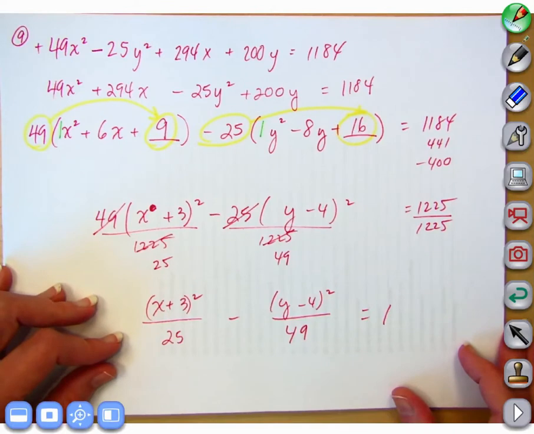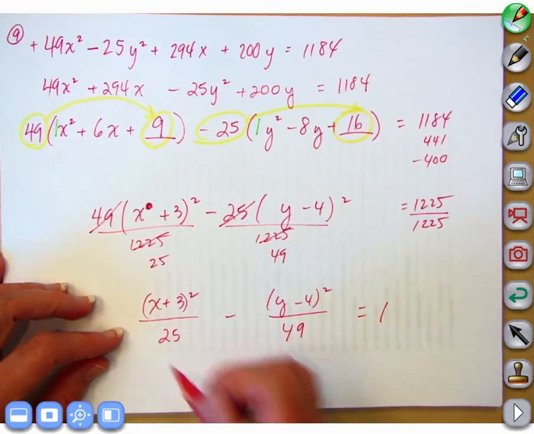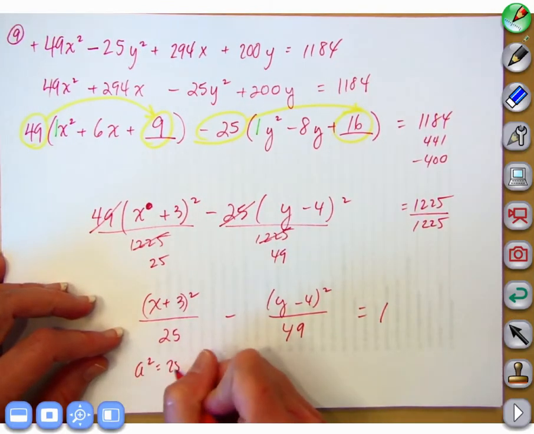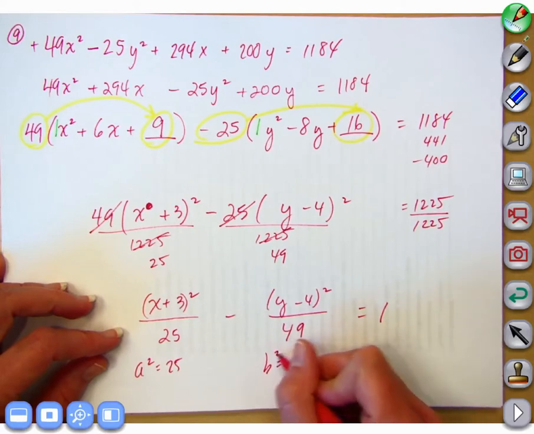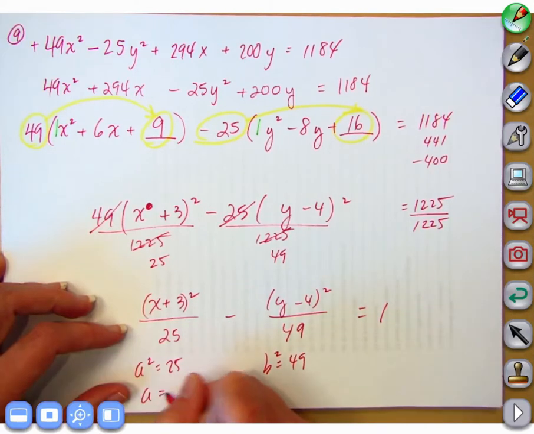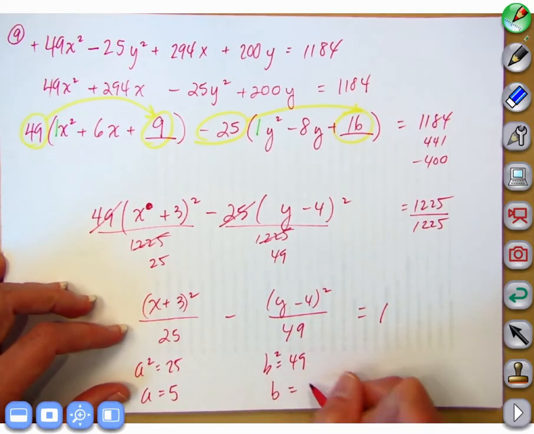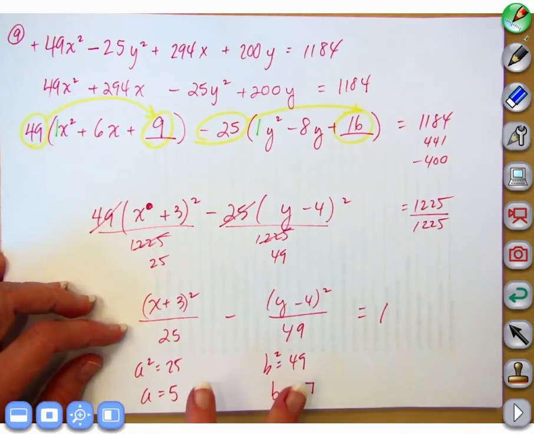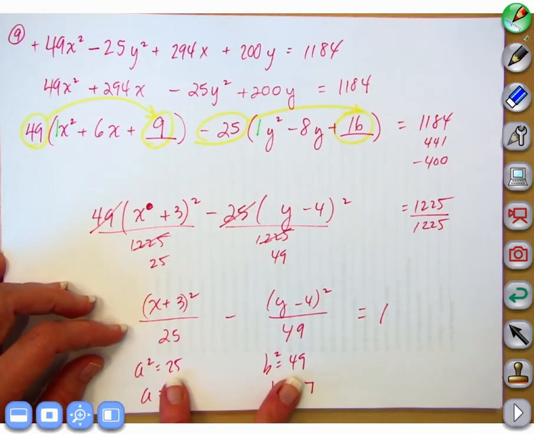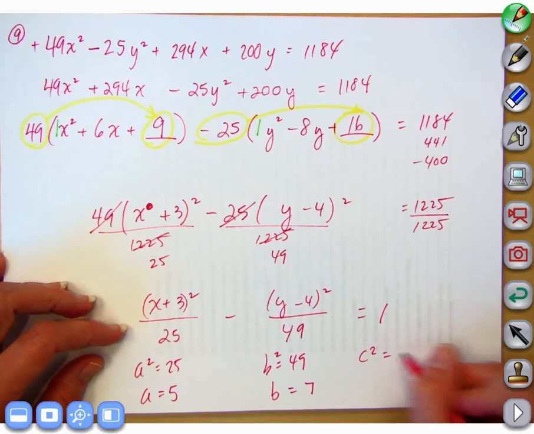So from there, this is a hyperbola. A squared is 25. B squared is 49. So A is 5, B is 7, and C squared is A squared plus B squared. So C squared is 74.